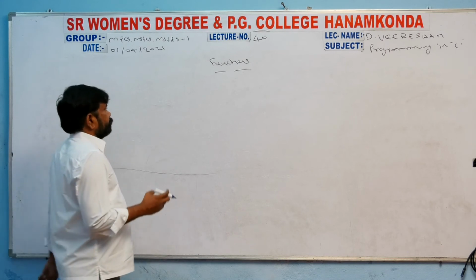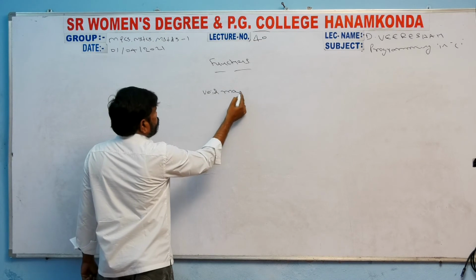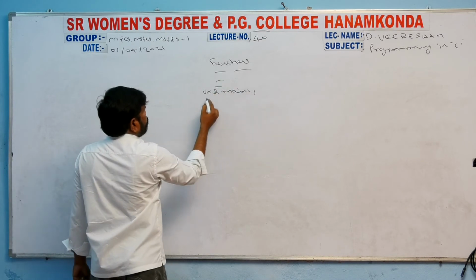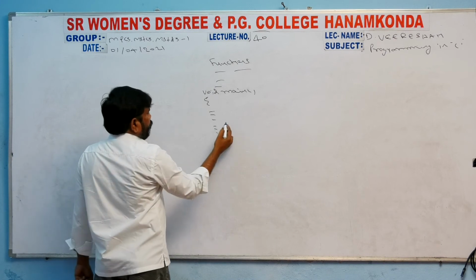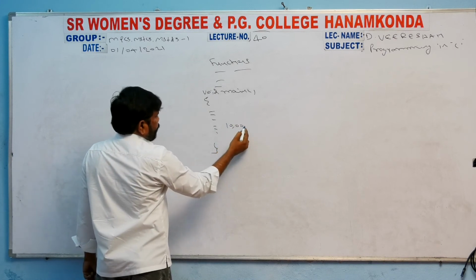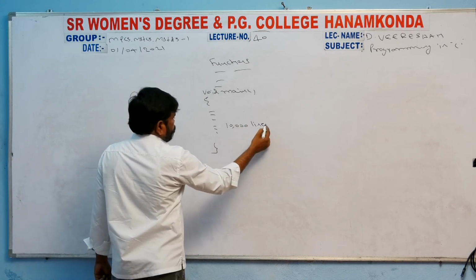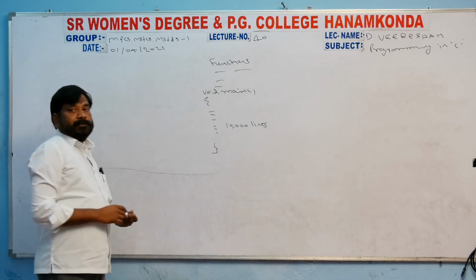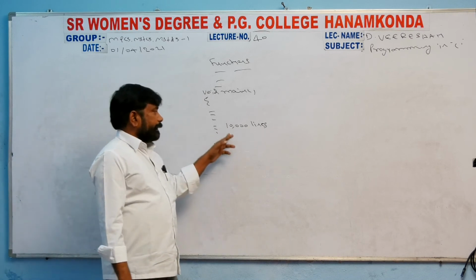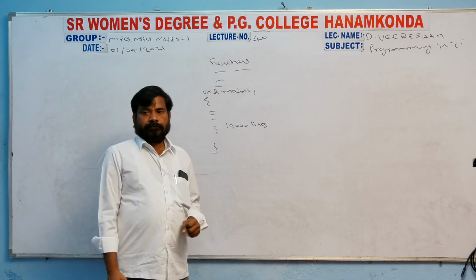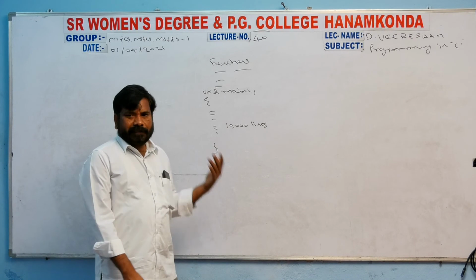Suppose we see there is a program, void main. It's a program of suppose 10,000 lines. What am I saying here? Just written one program of 10,000 lines, whatever the program is, using the concept of arrays and loops and everything.